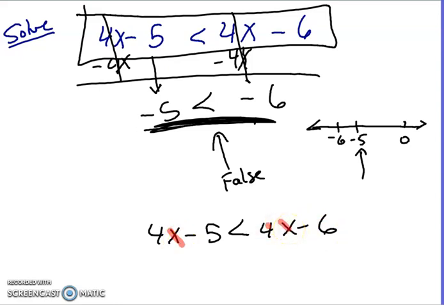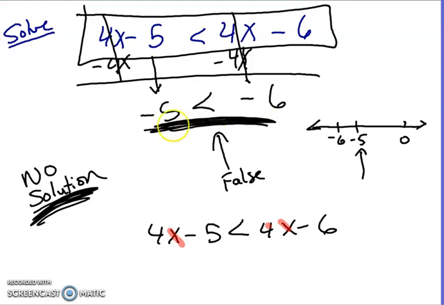It will end up being a false statement. I mean, try 2, try -2, try 500, try 0. I mean, nothing will work on this. So this is actually no solutions. Okay, there is no solution for this inequality because the variables cross out and it becomes a false statement.